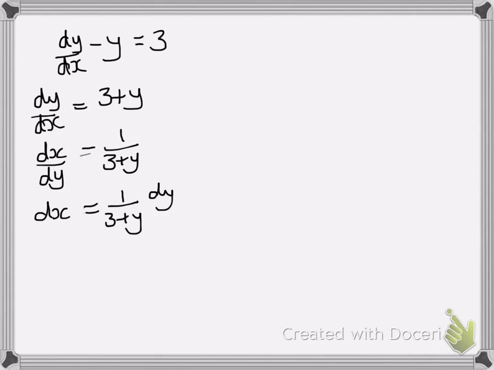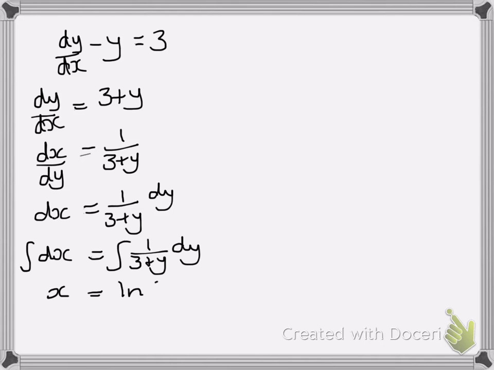And so integrating both sides will give us this. And we can now integrate, giving us a function in x, where x is the subject, equal to ln 3 plus y plus some constant c.